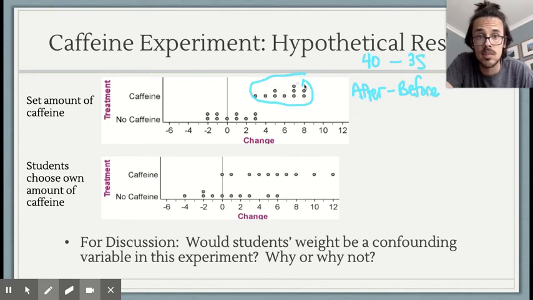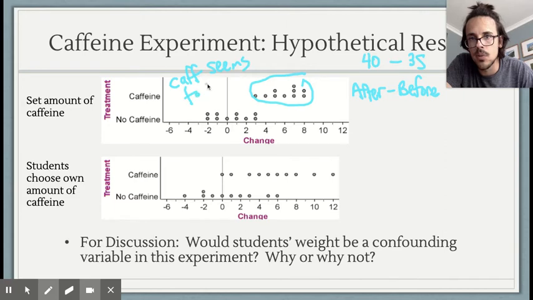So this is the difference of their pulse rates right here. These numbers for the caffeine group are mostly higher than these numbers right here for the no caffeine group. So I would look at this and be like, oh man, caffeine made a difference. That's what this would lead me to believe. So it seems like caffeine makes a difference.